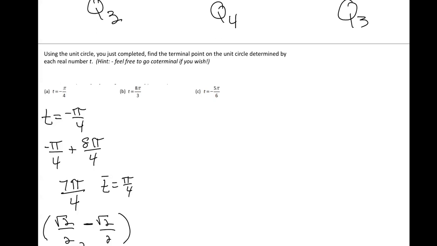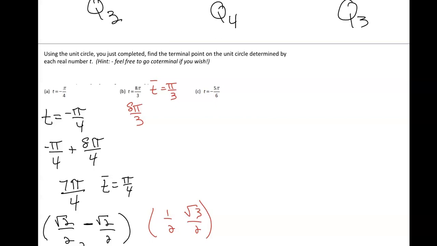Okay, next one. 8 pi over 3 is also too big. So let me change color. So 8 pi over 3, and by the way, t bar is going to be pi over 3. So pi over 3, I happen to know, has values of 1/2 and radical 3 over 2. But I'm not quite done because I'm not sure what quadrant 8 pi over 3 is coterminal to.